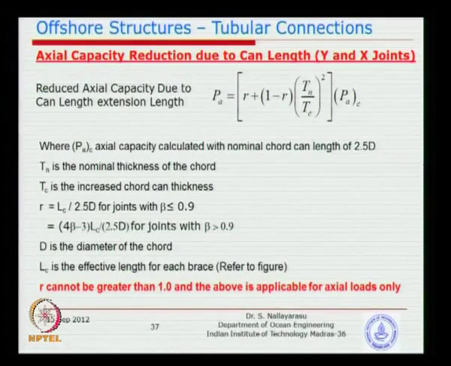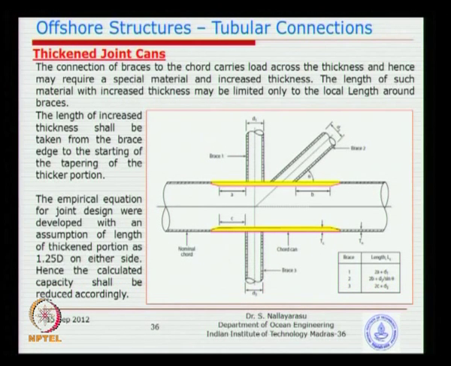I think it is a very simple idea. Also, you see here the parameter in the second term: the ratio of nominal thickness to the increased thickness. If you go back to this picture, the nominal thickness is the black color one somewhere here, that is the reduced thickness, whereas the yellow color one is the increased thickness.